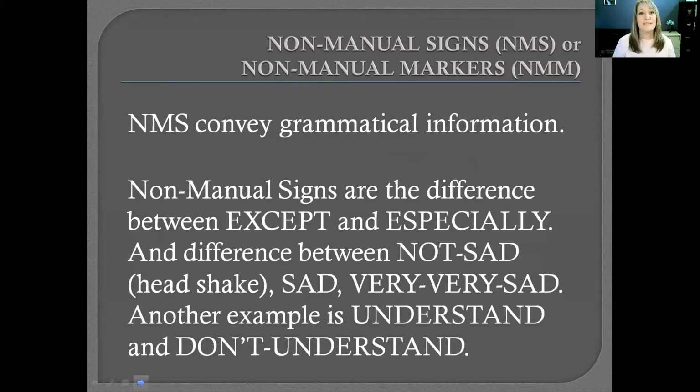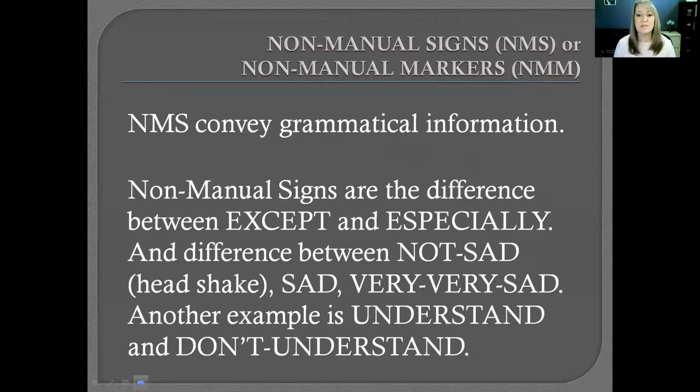So the difference in that grammar, that meaning of this sign, is on my face. It's a non-manual sign. Okay, so if I said, I like ice cream except, I would probably do something like this, except chocolate. If I like ice cream, oh, especially chocolate, it's going to be more like a positive than a negative. Okay, so that's also the difference.